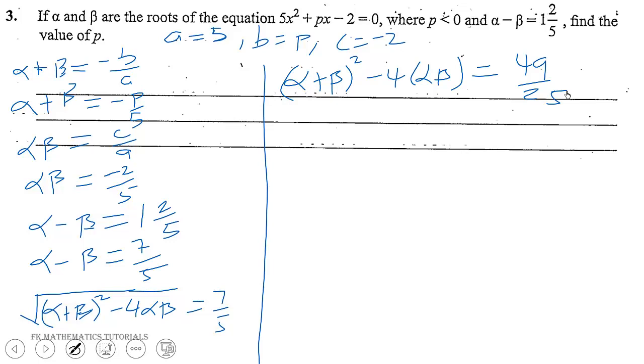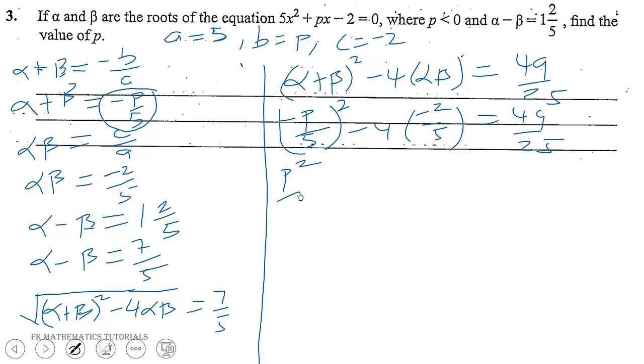So we substitute the alpha plus beta, which is negative p over 5. So negative p over 5 all squared minus 4 into bracket alpha beta, which is negative 2 over 5, is equal to 49 over 25. So p squared over 25 plus 8 over 5 is equal to 49 over 25.